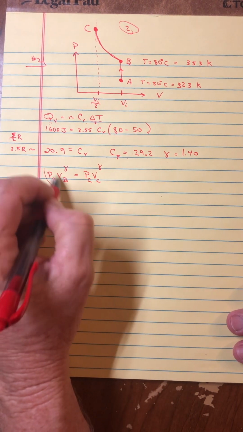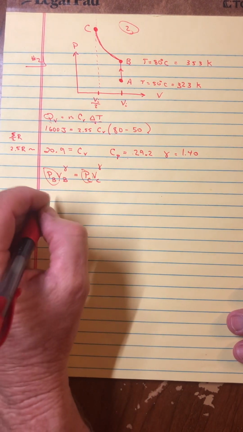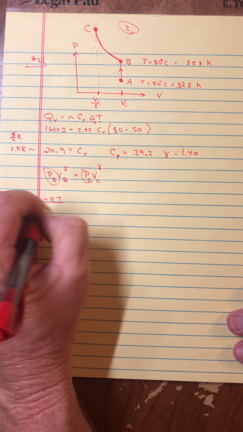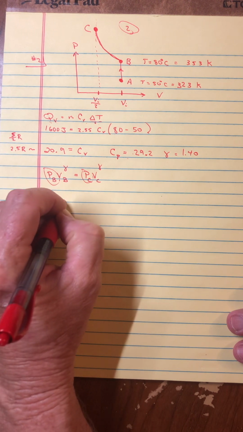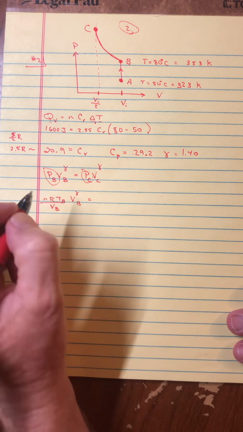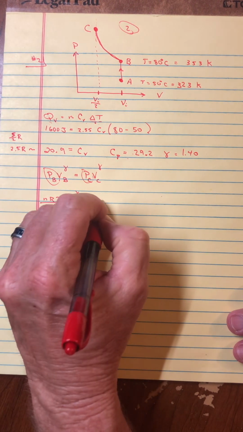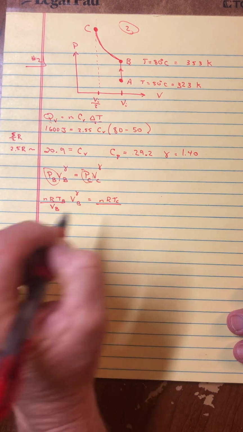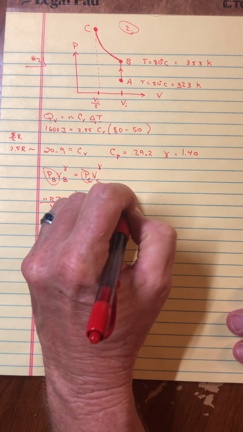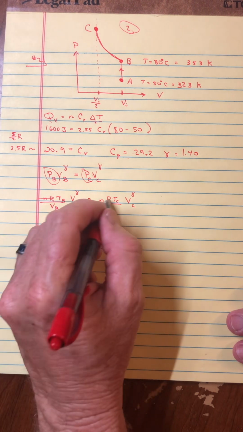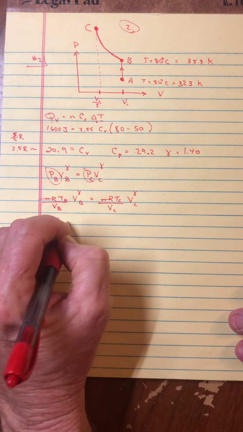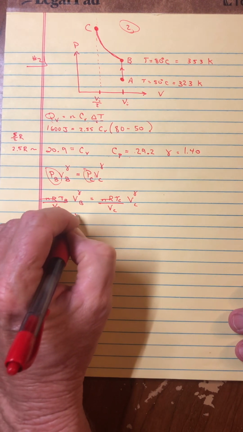And then if you remember, we can replace the pressure with nRT over V. And then this would each be at point B. And this would be at C, so nR, temperature at C over volume at C, gamma, or volume at C to a gamma. The n and the R cancel, and you end up with something that would have been fine to start here.